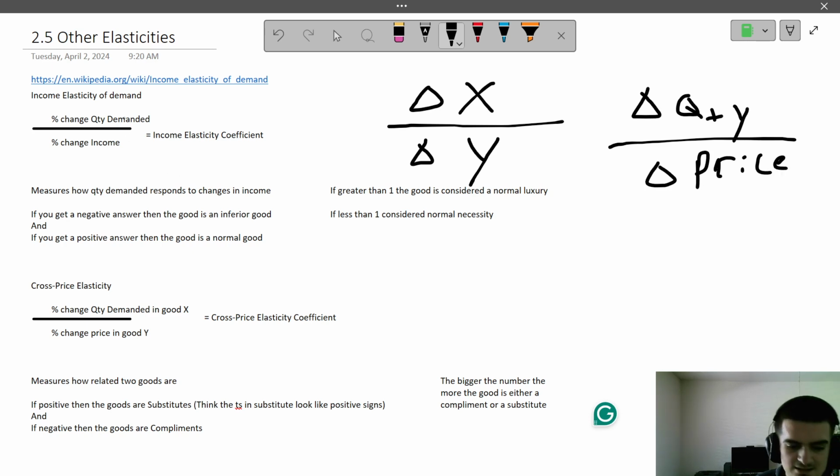So income elasticity of demand measures how quantity demanded responds to changes of income.